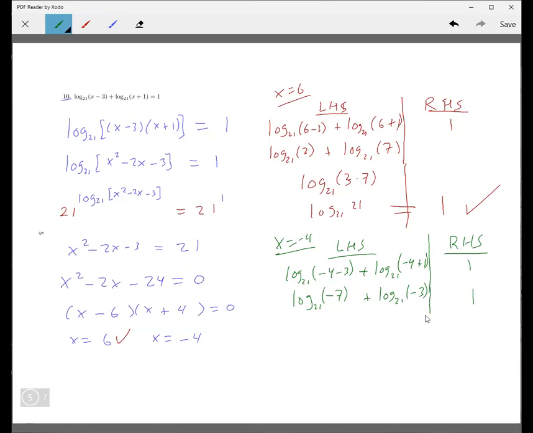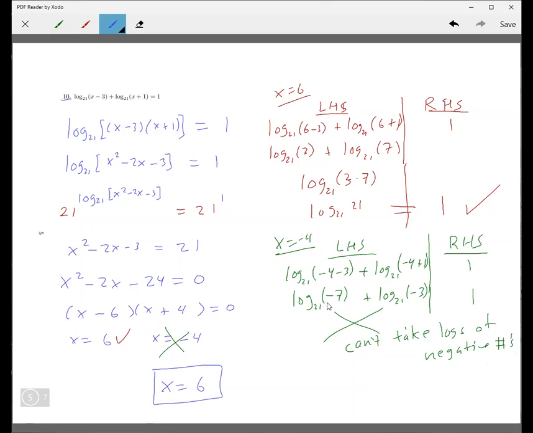And this one is wrong. You can't take logs of negative numbers. So you have to throw that one out, and the only answer is 6.